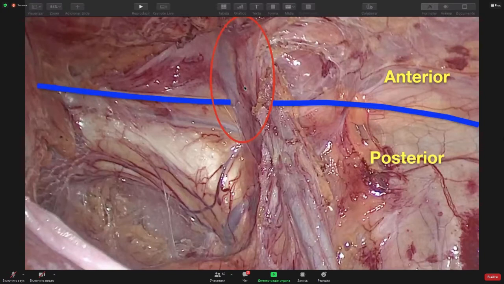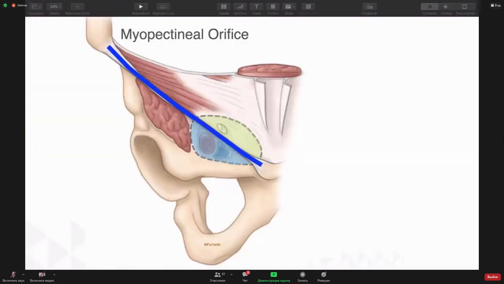My dissection is the same for the medial side and lateral side, and my mesh always covers the same extension medially and laterally. So this is an important landmark for understanding the posterior anatomy of the hernias. The epigastric vessels divide the lateral and medial space of the inguinal posterior region.